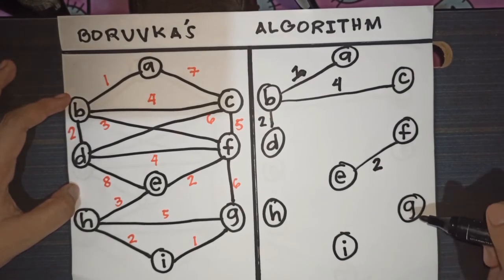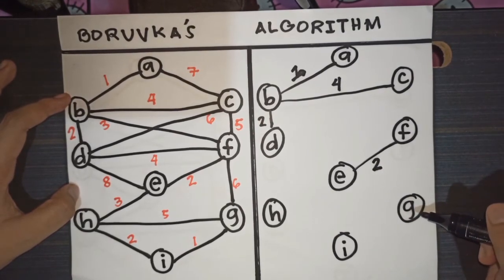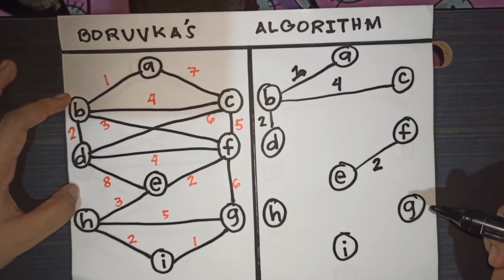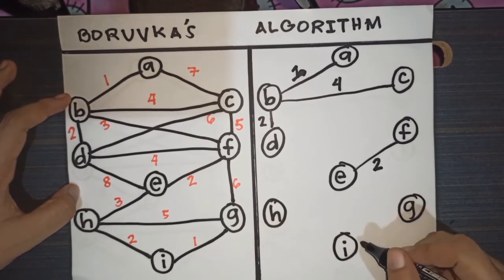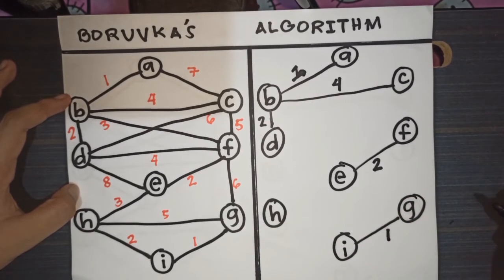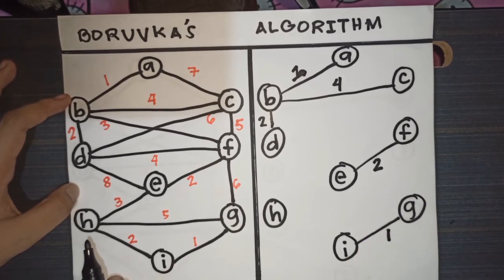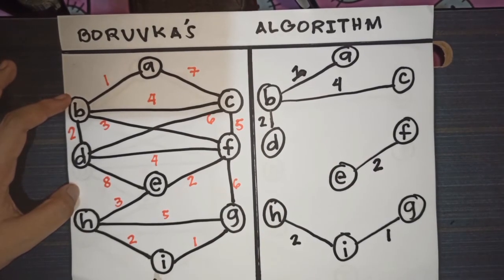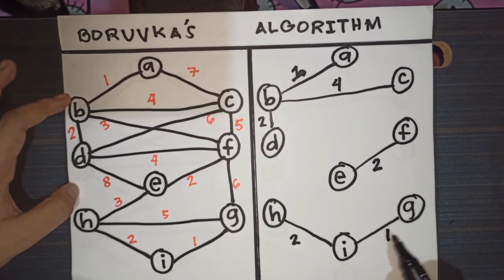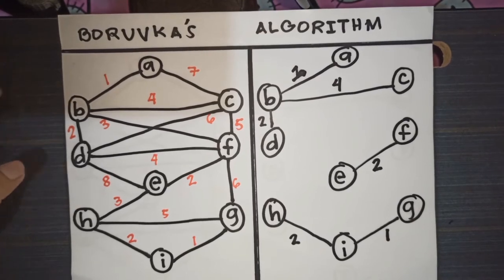For component G, we have G to F, G to H, and G to I. So we are going to use G to I. For our component H, we have H to E, H to G, and H to I. So this edge is smaller, so we use it. And for our component I, we have I to G and I to H. We already added this edge, so we just use it again.